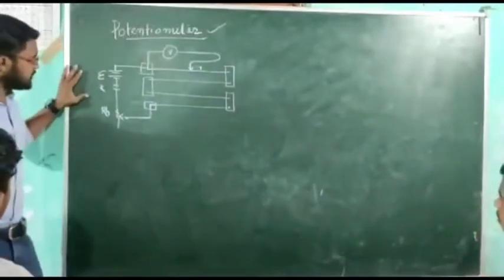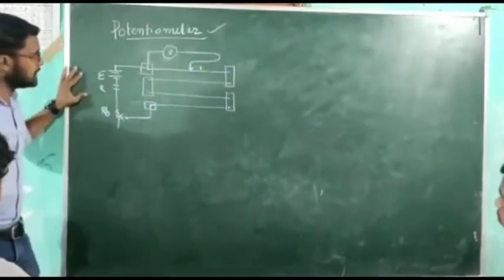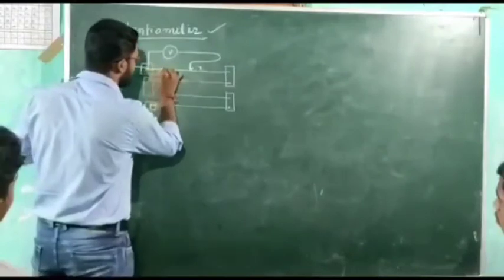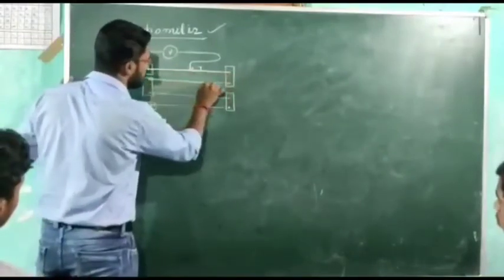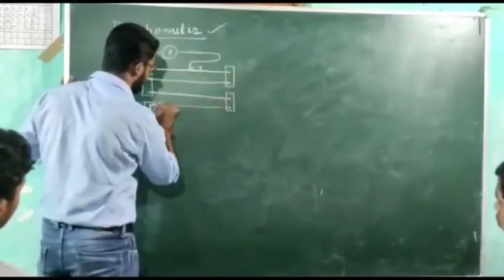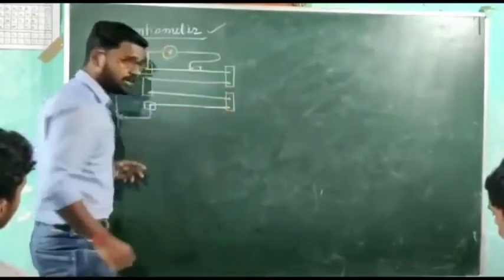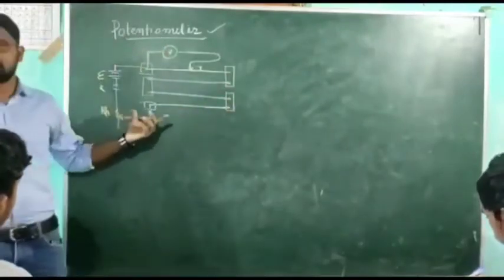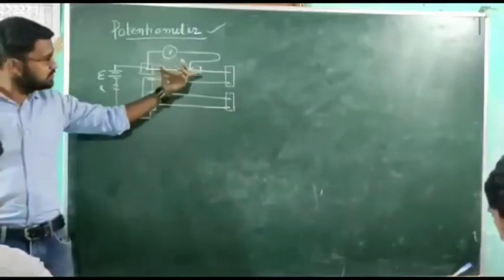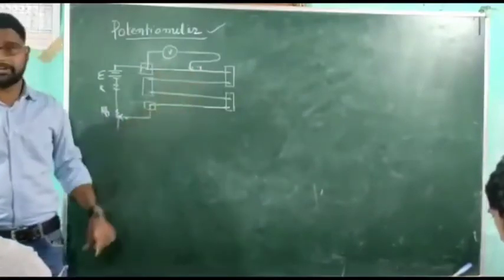In this potentiometer you can clearly see there are a large number of wires. 1, 2, 3, 4. These are called the potentiometer wires. Each wire measures 1 meter.